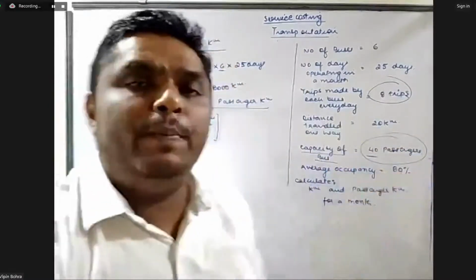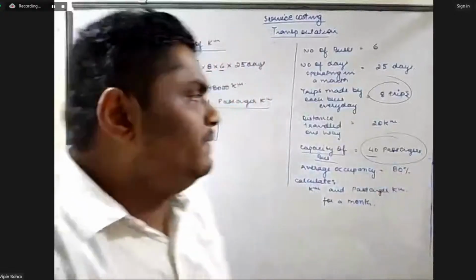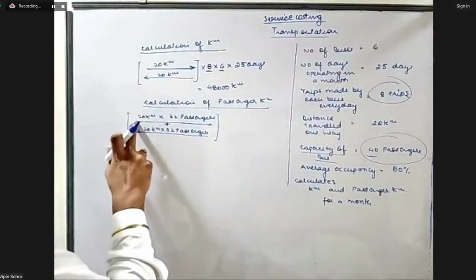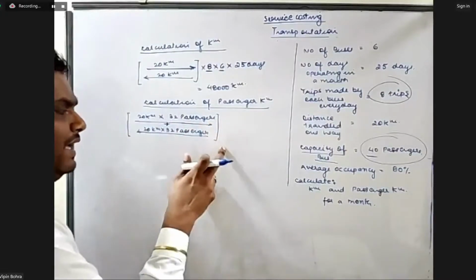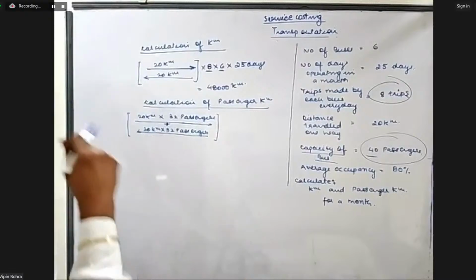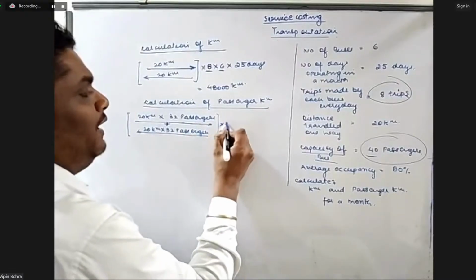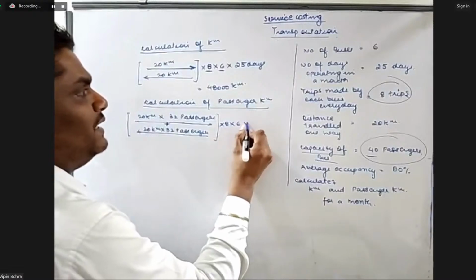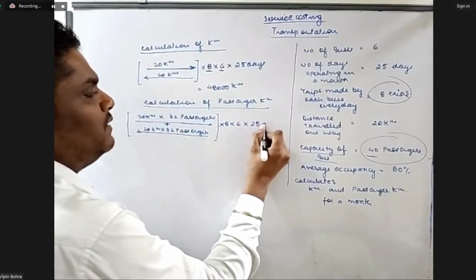However, the average occupancy is only 80%. So we can say only 32 passengers are traveling in one-way trip. So 20 kilometers with 32 passengers, and in return journey also, 20 kilometers with 32 passengers. Into 8 trips in a day, into 6 buses, into 25 days in a month.